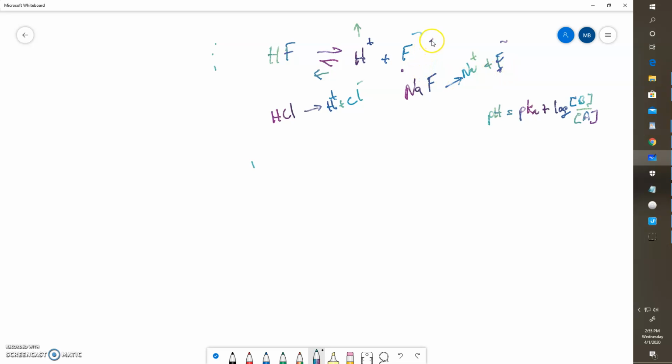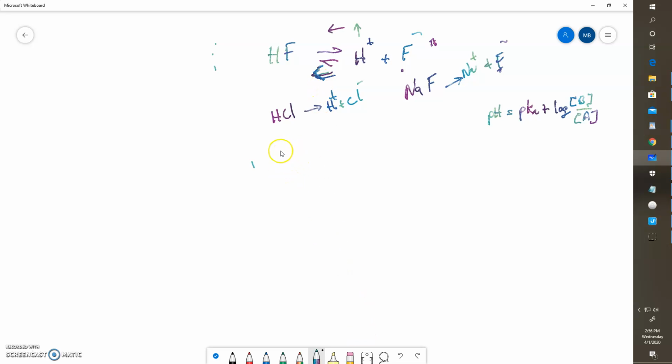It's going to take an F- and form HF, and it's not going to change the concentration of H+ to the point where it's going to drop the pH significantly. This is an equilibrium, a Le Chatelier's principle thing going on here. So the H+ is not going to increase because it's going to be taken out, and the equilibrium is going to shift back to the reactants. Increase the product, shift to the reactants.